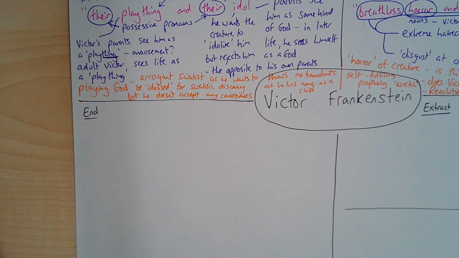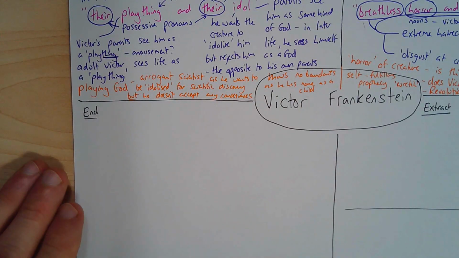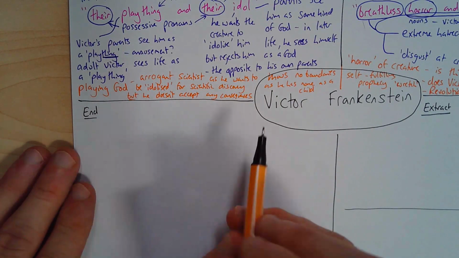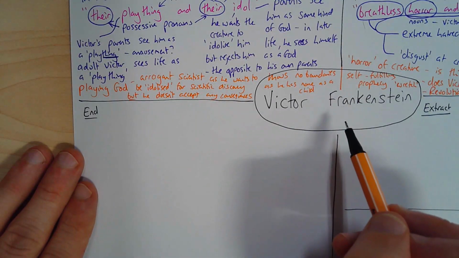And so we'll go to the end as well. And you need to talk about the end. We mentioned this earlier on. People don't tend to do it in enough detail. The end of Frankenstein. Our question's on Victor, so let's focus on Victor.